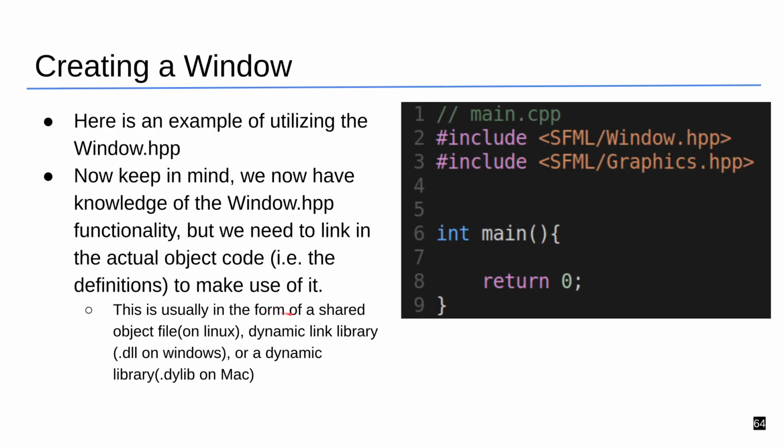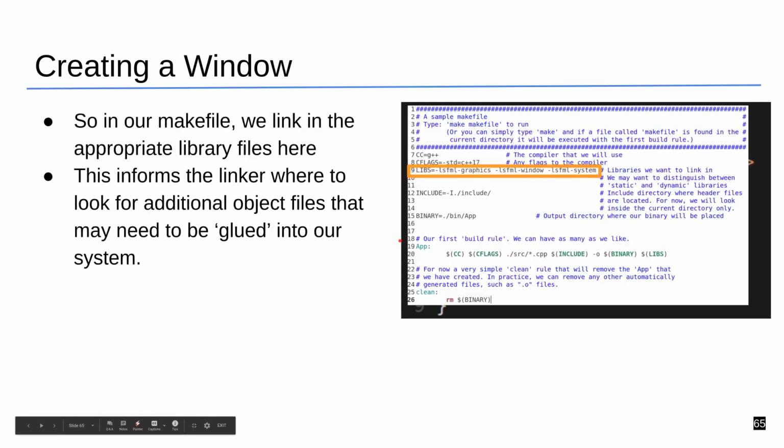And those are in the form of a shared object file on Linux, dynamic link library on Windows, or dynamic library on Mac, okay? So how we do that is we have to tell the compiler during the compilation stage to link in, that's what this -l is, the SFML graphics library, -l, and then SFML-window, which contains the window function.